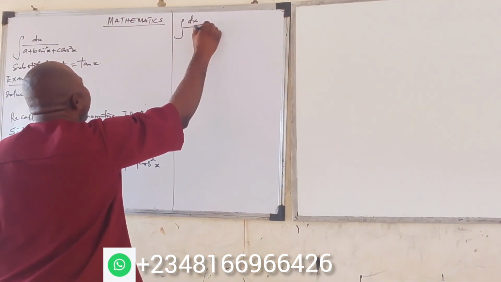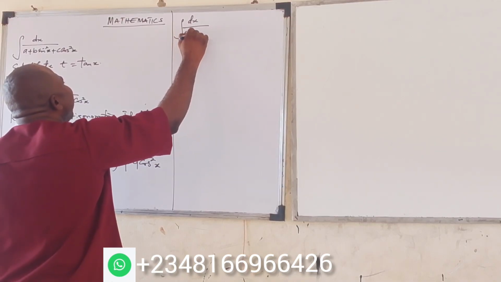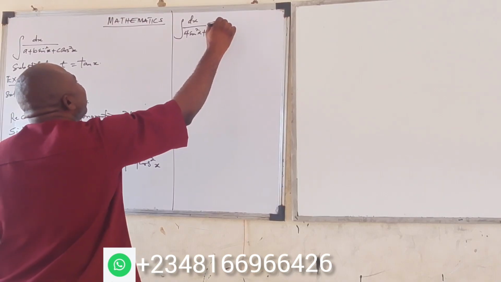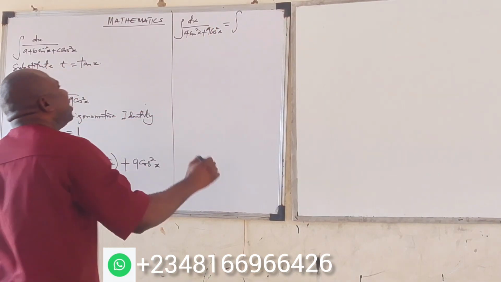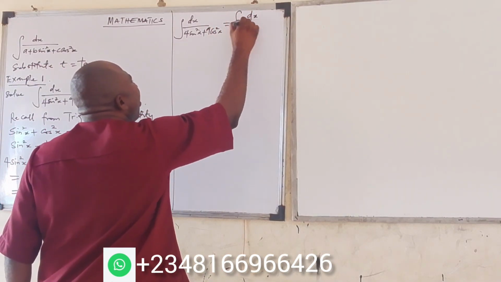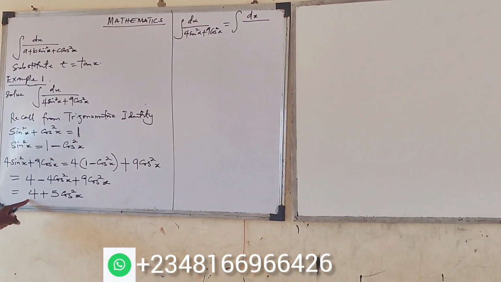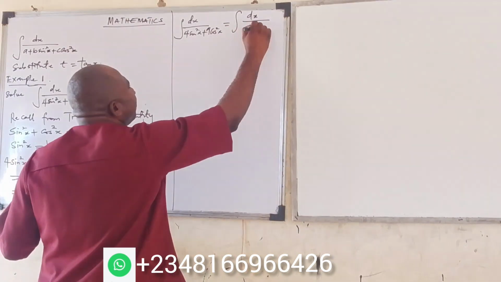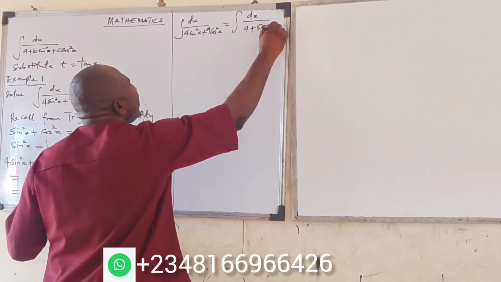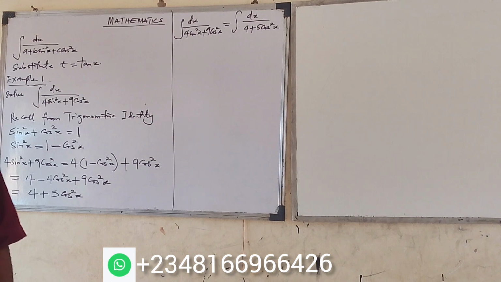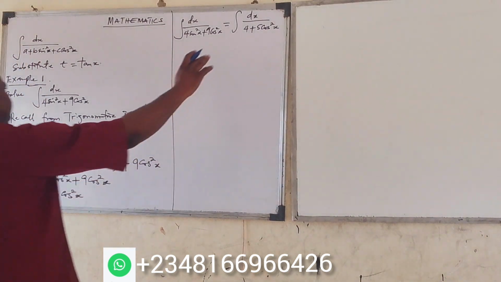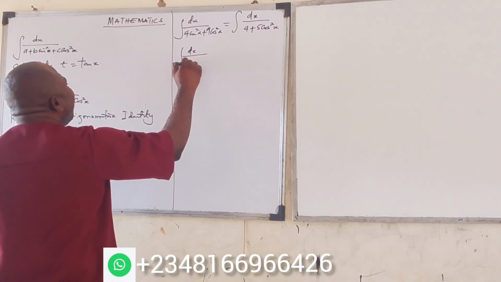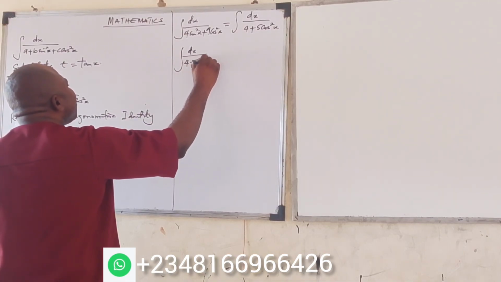So it therefore implies that the integral of dx over 4 sin squared x plus 9 cos squared x is the same thing as the integral of dx over 4 plus 5 cos squared x.